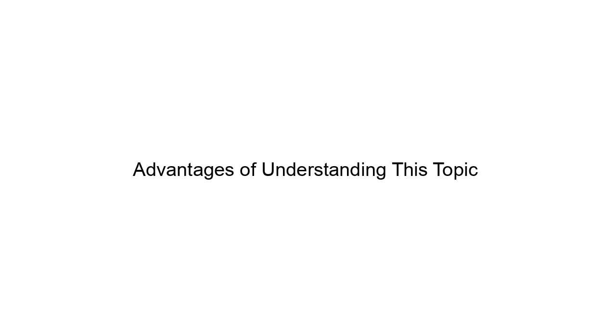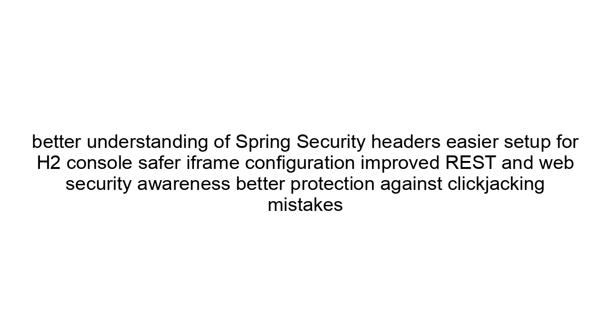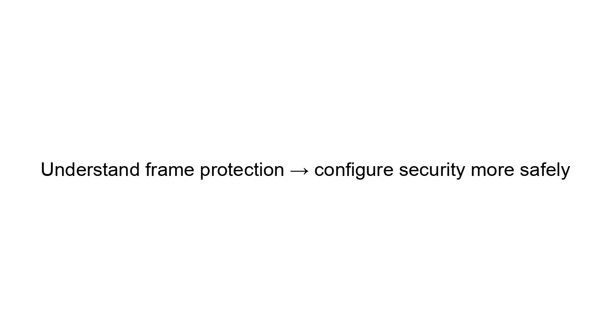Advantages of understanding this topic. Advantages include better understanding of Spring Security headers, easier setup for H2 console, safer iframe configuration, improved REST and web security awareness, better protection against clickjacking mistakes. Example concept: understand frame protection means configure security more safely.